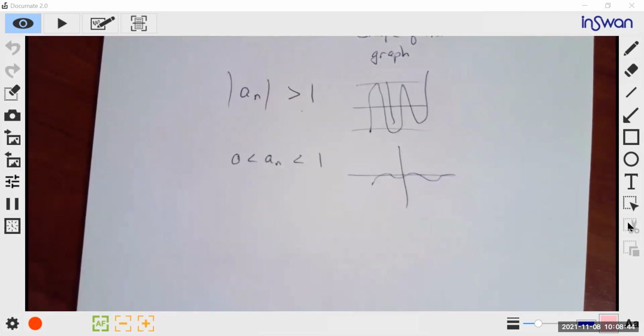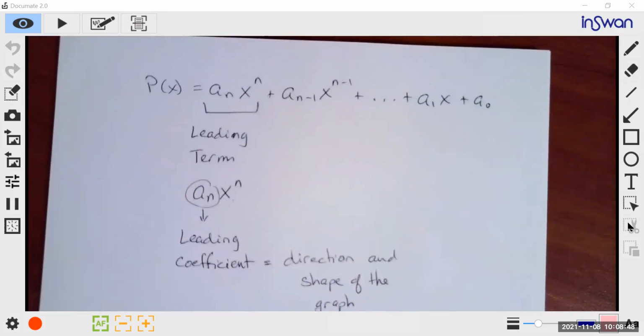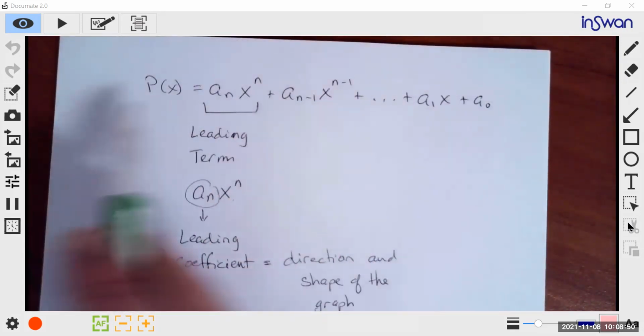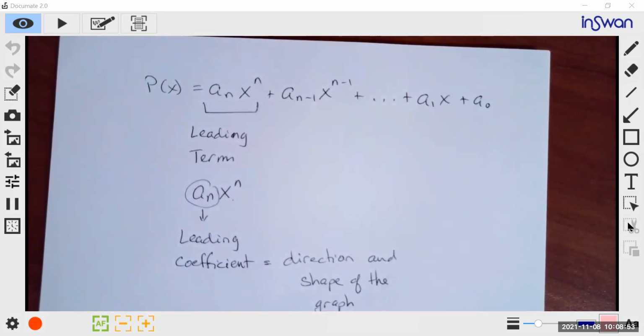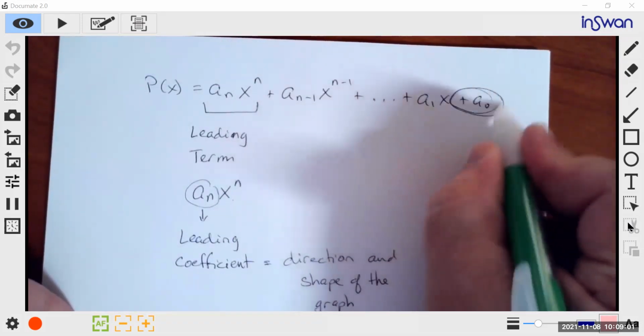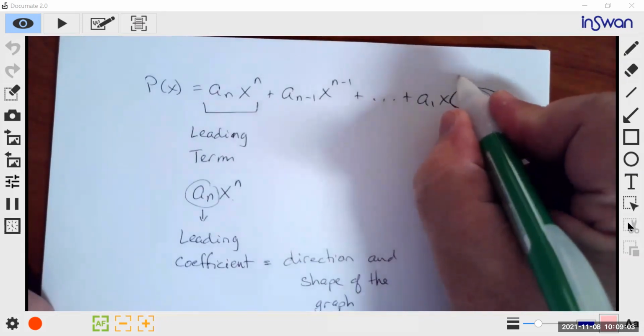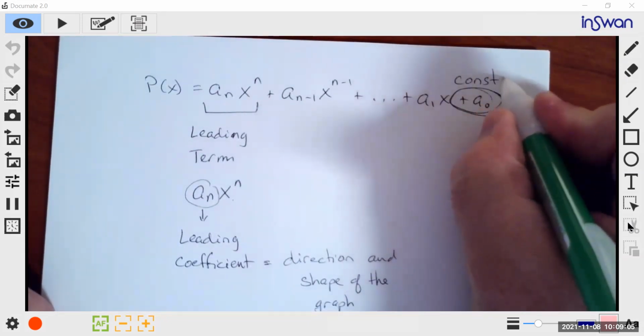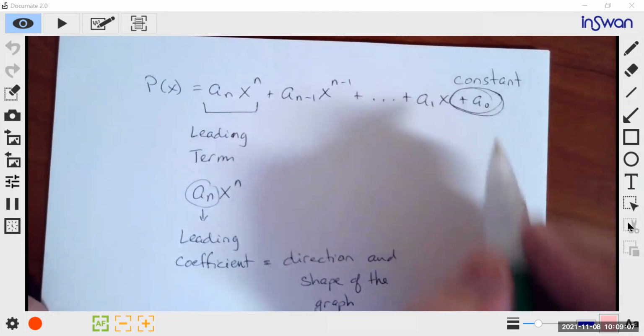One more thing you can tell me by looking at the equation. What else can you tell me? This is a constant. There's no x there.